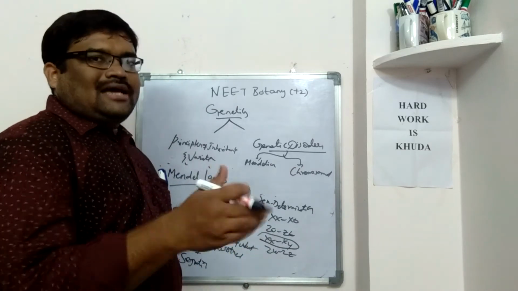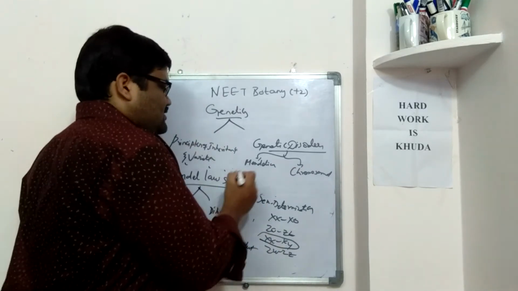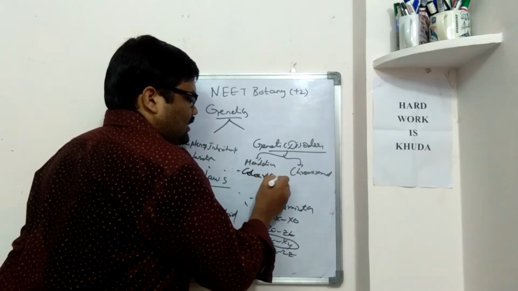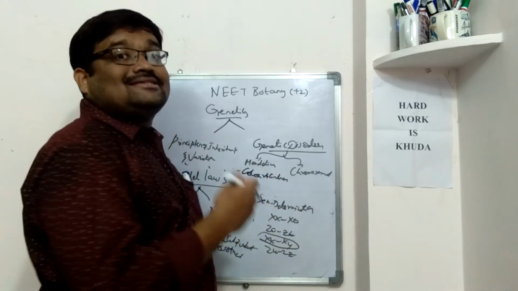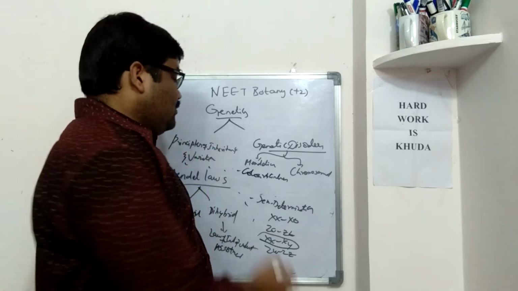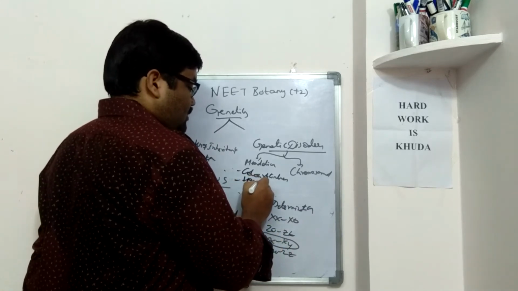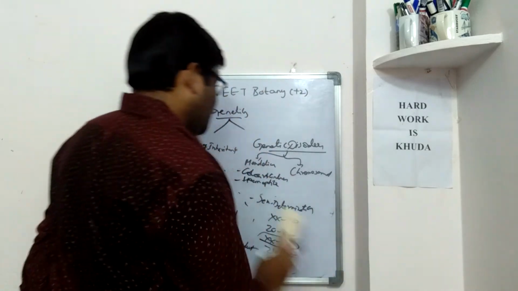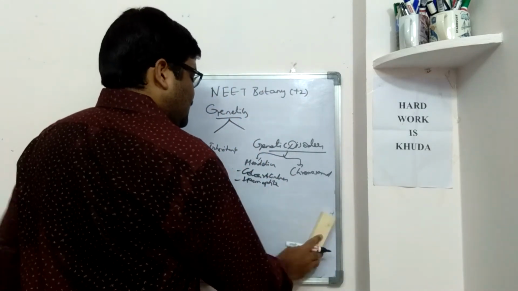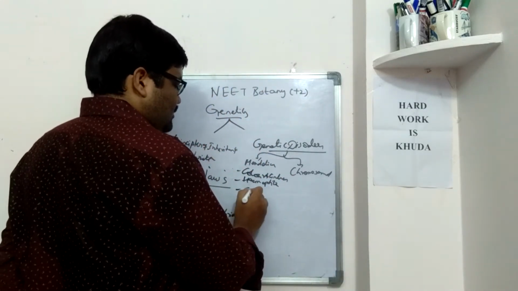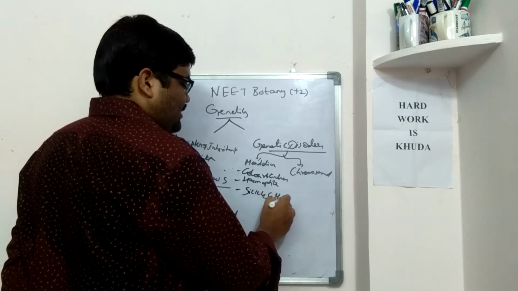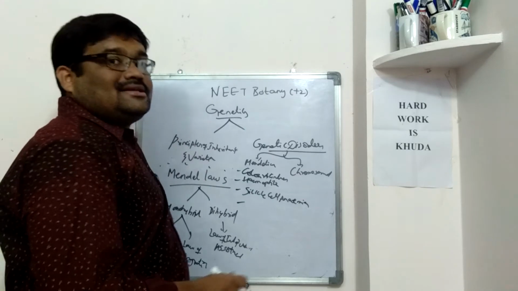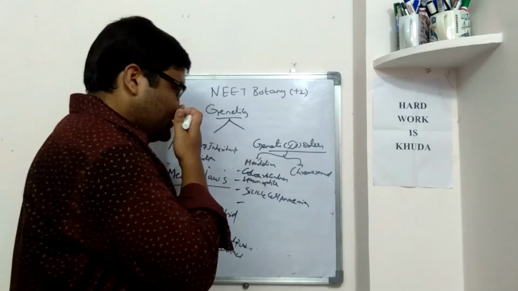Say Mendelian disorders, with respect to a single gene, for instance, color blindness. It is a sex-linked recessive disorder. Hemophilia. Then sickle cell anemia, which is an autosomal recessive disorder, a recessive trait.